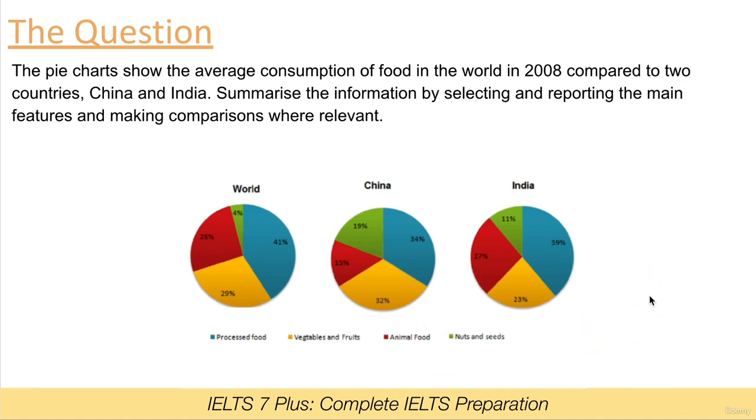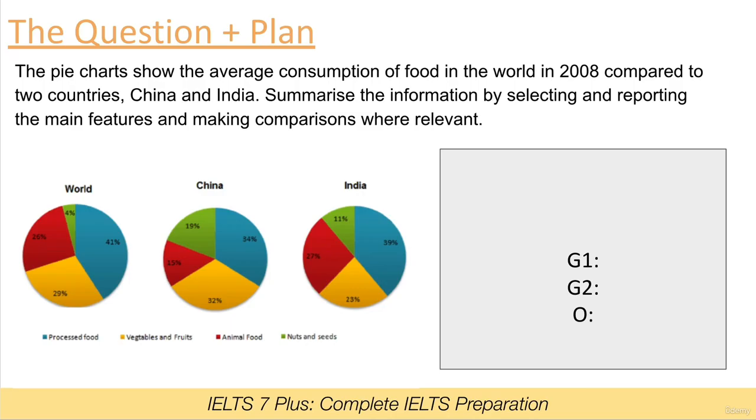Vegetables and fruits are very high in all 3, and so is processed food as well. Okay, so those are the 2, they tend to be the 2 bigger ones. Animal food is quite high, but nuts and seeds vary between the 3 charts quite dramatically.